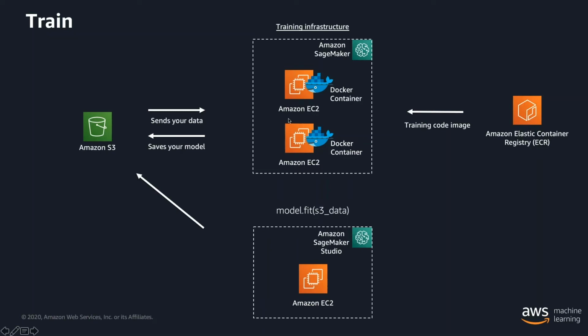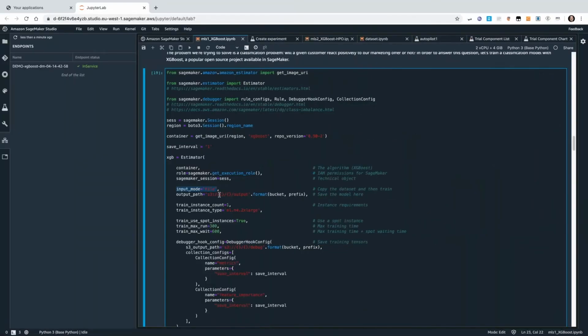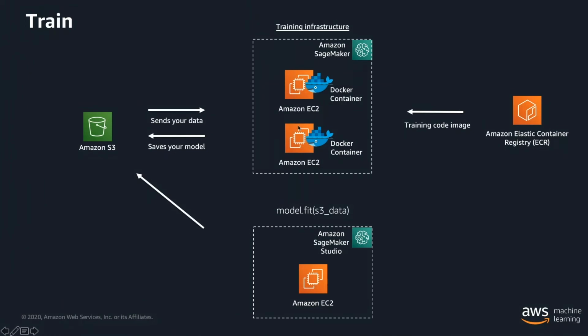Concretely, it's when data sets are very big that we will stream the data. You have the output path, so it's where the model will be saved to S3. You just need to pass a directory where I will save my data.